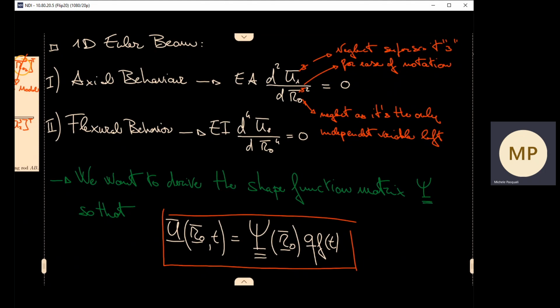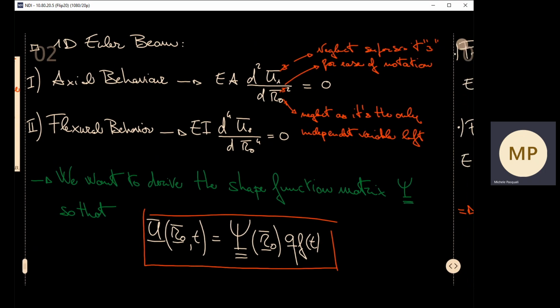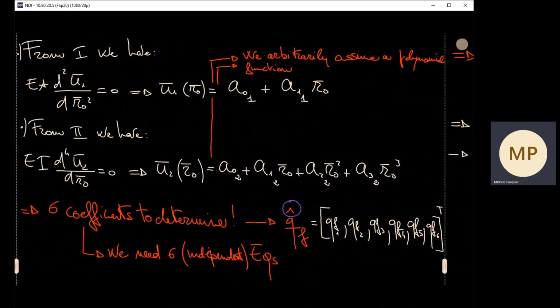Okay, and the idea is to derive as first goal the shape function matrix psi for the body number 3. In so doing, we assume a polynomial expansion for the displacement induced by the deformation, u over bar. I'm just going to recap a little bit.